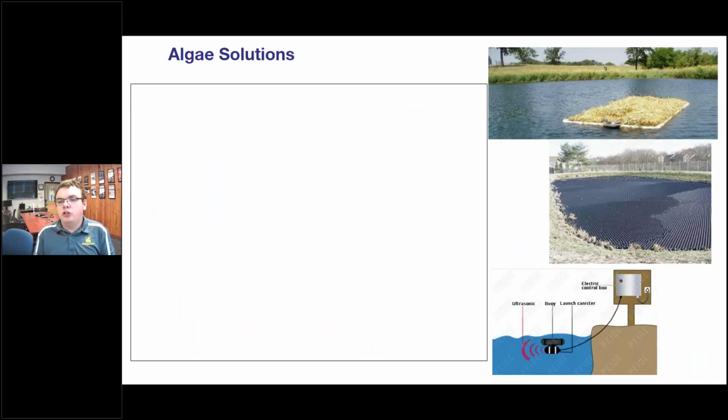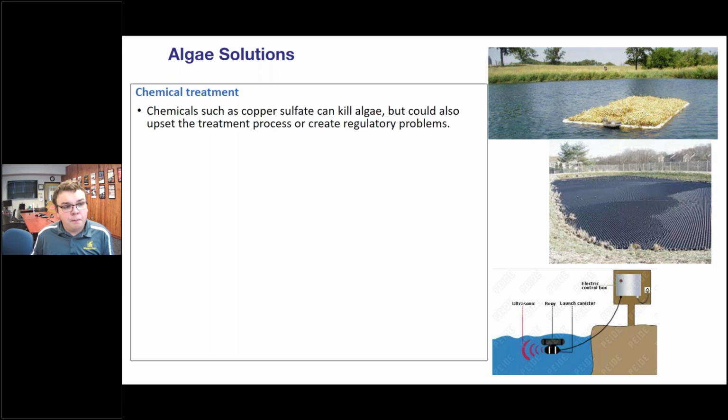So what are some solutions that exist for the algae? The first is simply putting chemical treatments into the water, putting in chemicals such as copper sulfate that act as an algicide and break down the algae.